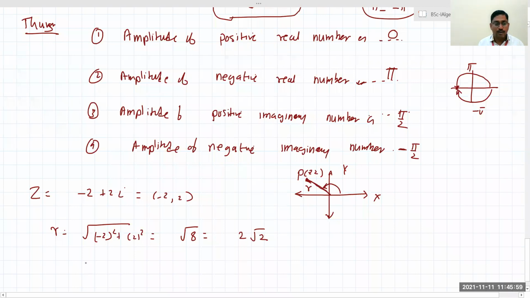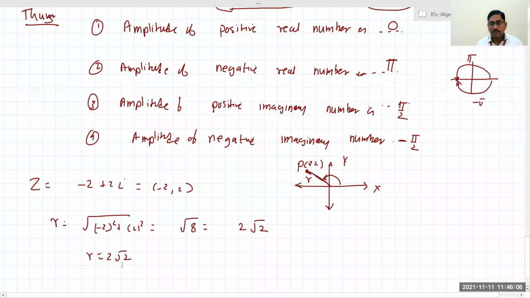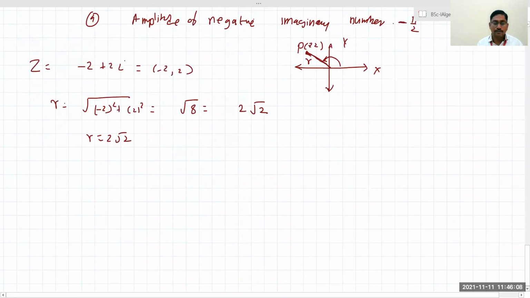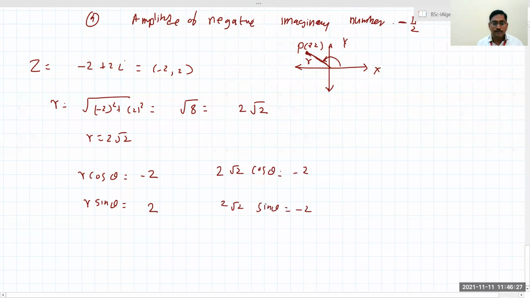So 2 root 2 is r. You have r cos theta equal to minus 2 and r sin theta equal to plus 2. But value of r is 2 root 2. So 2 root 2 cos theta is minus 2 and 2 root 2 sin theta is 2.